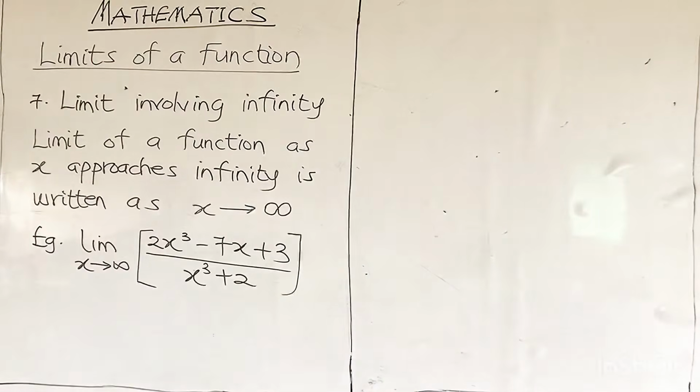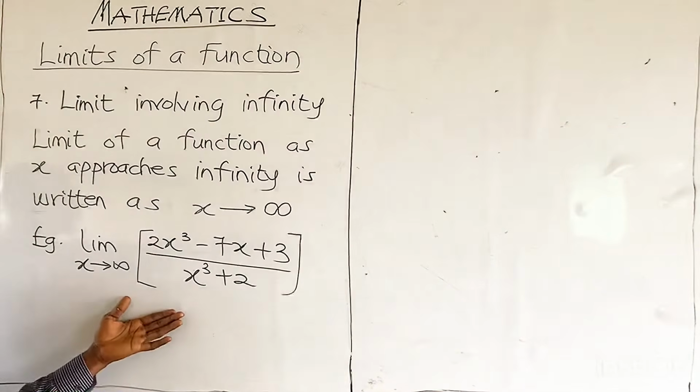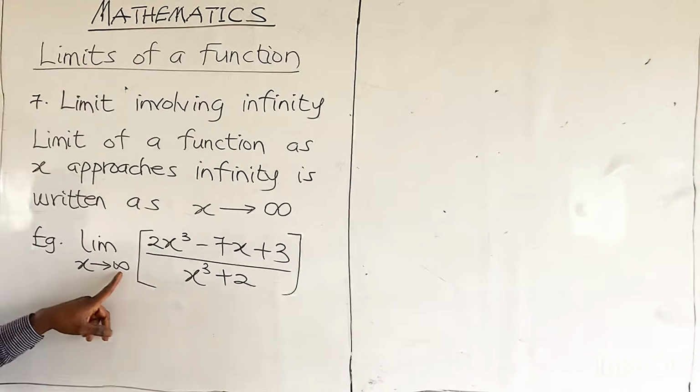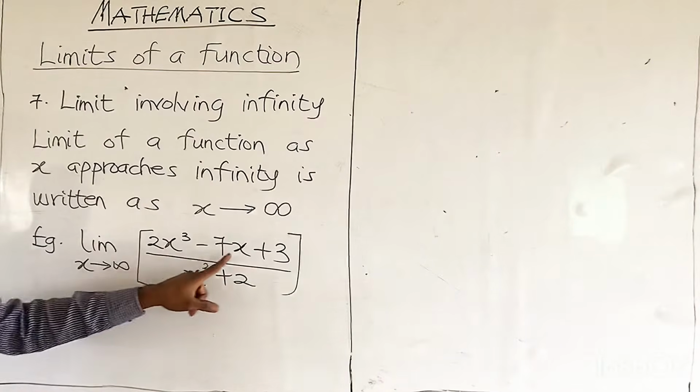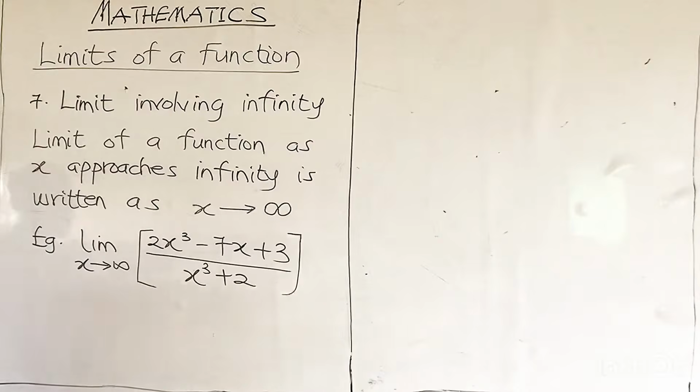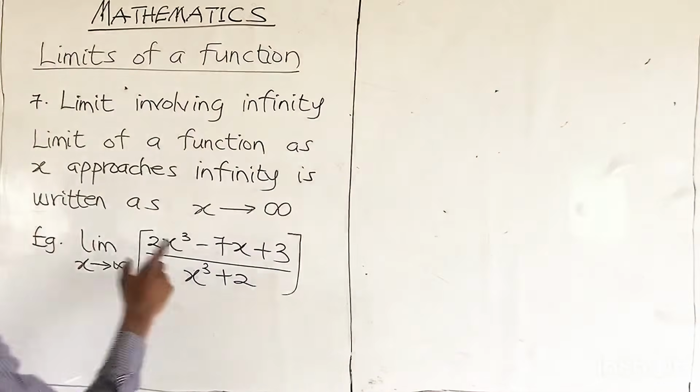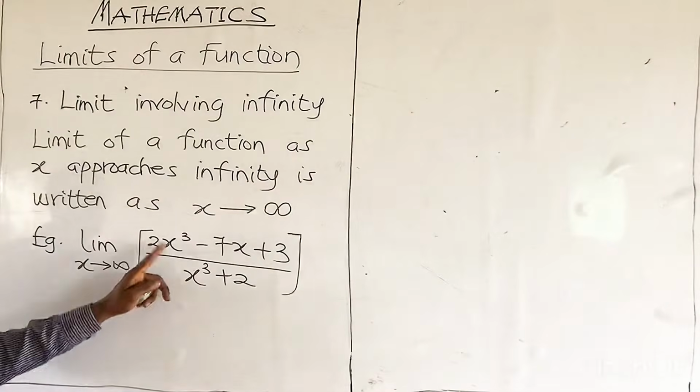Now when we are solving questions under infinity, we can't substitute the infinity directly in the function because infinity is a very large number. So when you substitute, at the end of the day you are going to get infinity over infinity, which is still a large number. So we are not going to substitute the infinity directly.